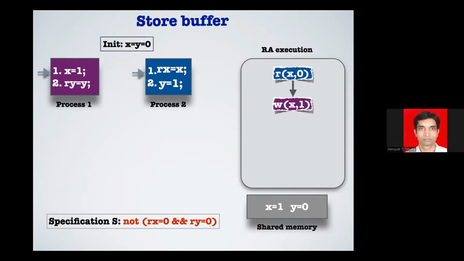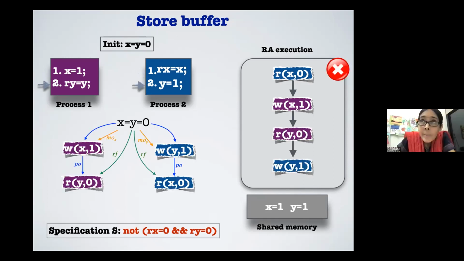But there is some flexibility in the read from edges, right, Krishna? Flexibility in the sense that if I have a read operation, I can choose to read from a set of writes, as long as it does not violate my consistency. So certain writes are out of bounds if it violates my consistency.